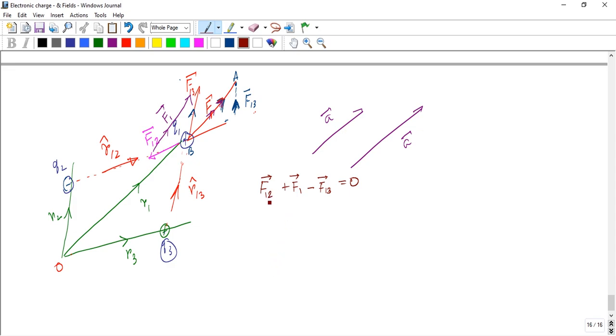But the important factor is that F1 is equal to F13 minus F12.